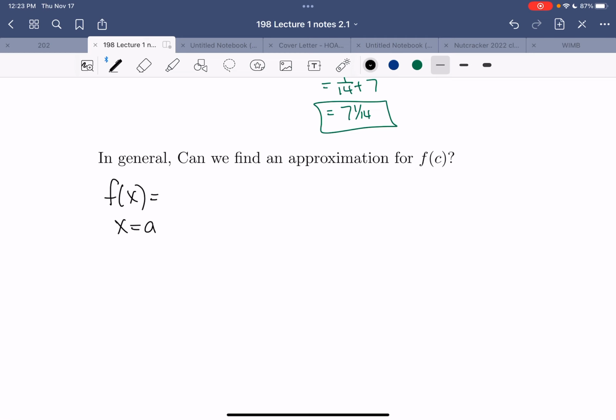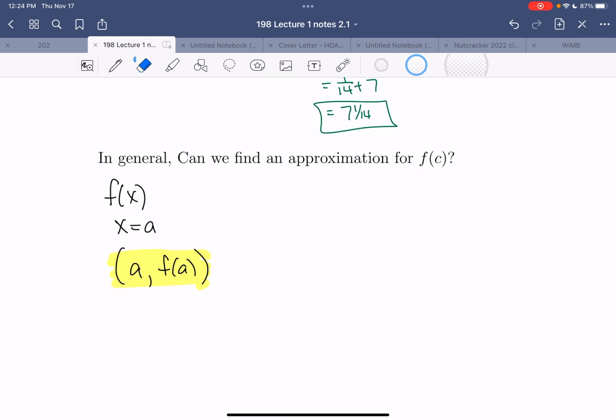And then we used that a to get a point. So we used a, and we plugged that a into our function to get the corresponding y value. So that would be f of a, right? We plugged 49 into the square root function. So this is my point from above. And so the last thing I need is the slope. So you have an f of x, and what did we do to get the slope?